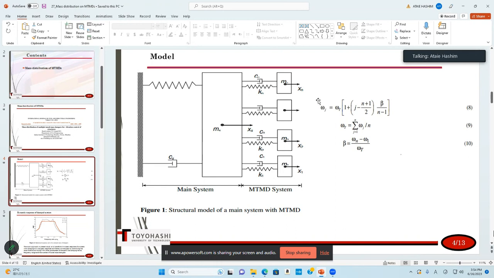They presented this formula to determine the angular frequency of each damper, with omega here being the average, and this is the region. It means the range of frequency from MTMD1 up to MTMDN.